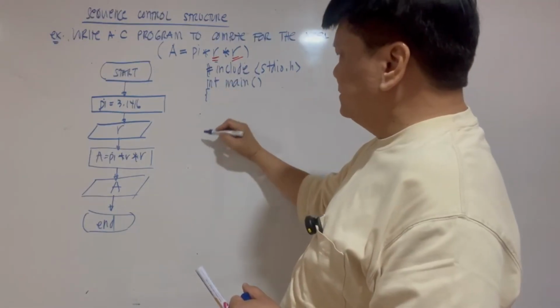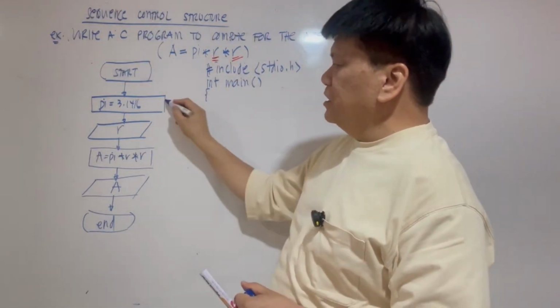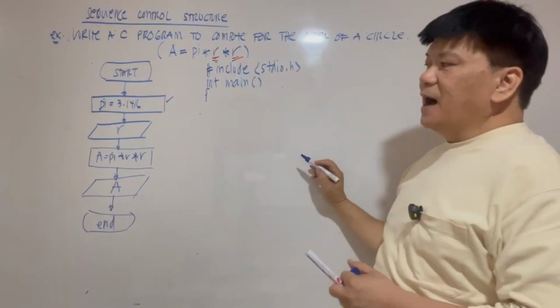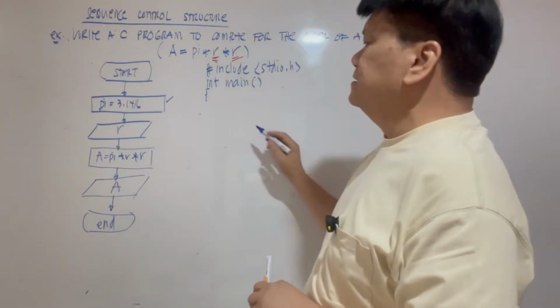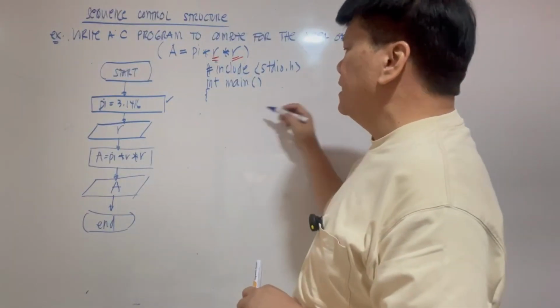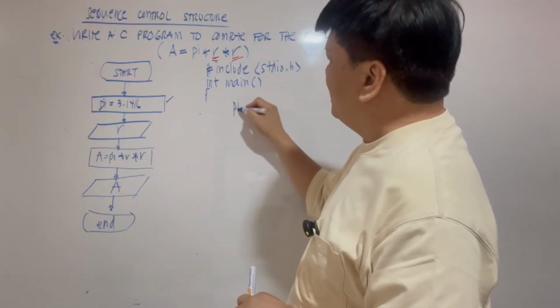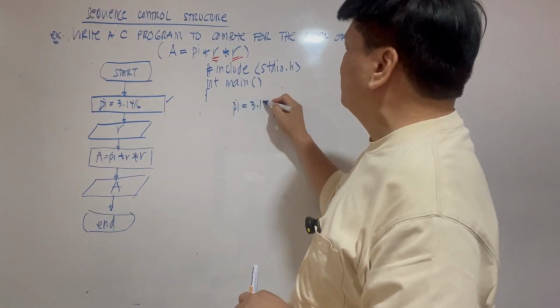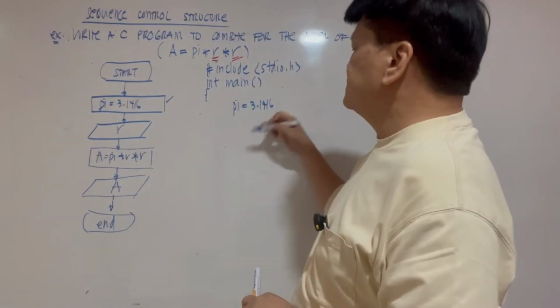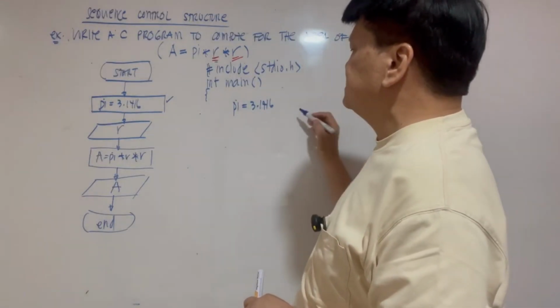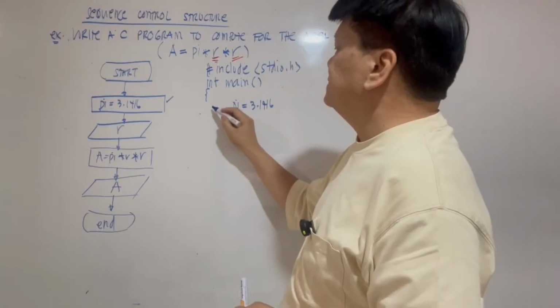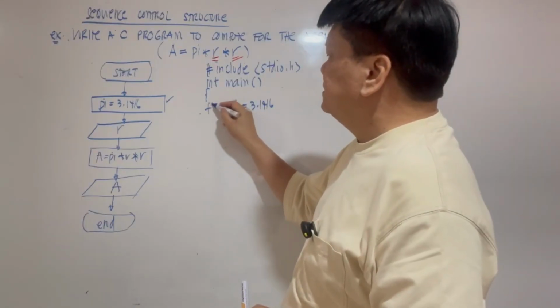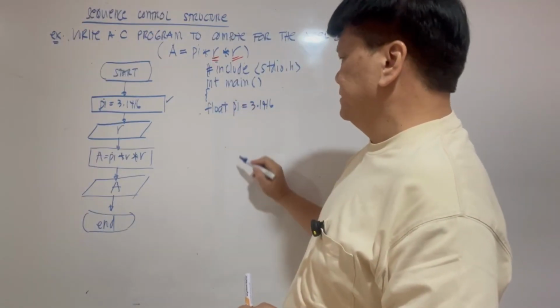Then begin. Now let us start with pi, 3.1416. Let us now declare that as pi is equal to 3.1416. So we're setting the value of pi to 3.1416. That is under the data type float.